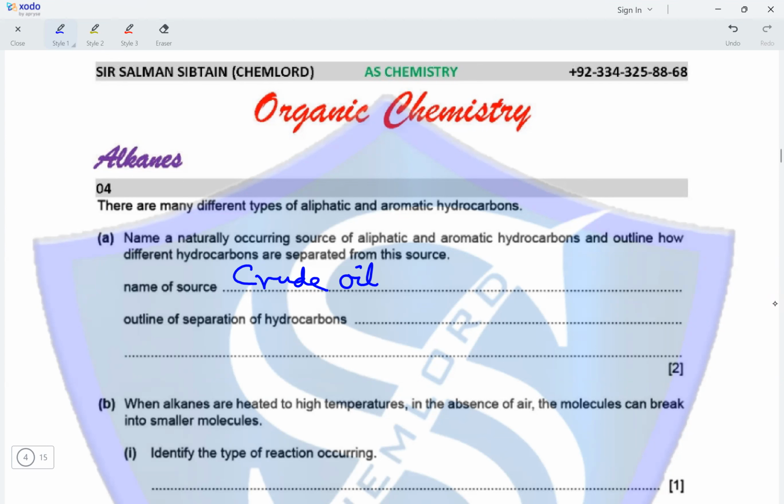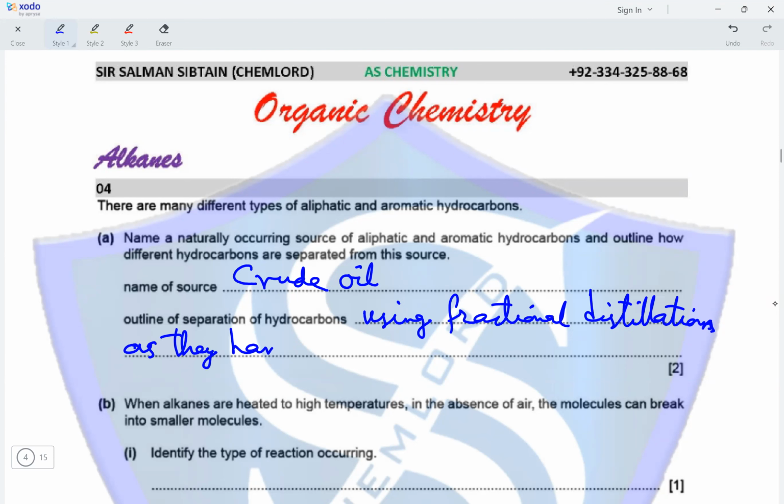And outline of the separation of hydrocarbons. So all of them have different boiling points, so they can be separated using fractional distillation as they have different boiling points.